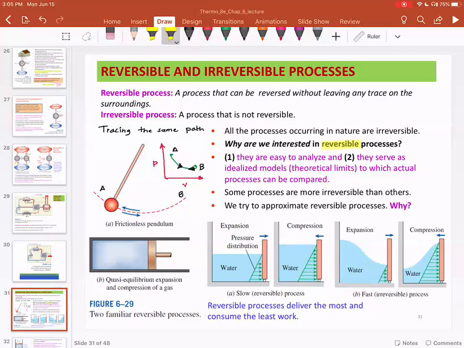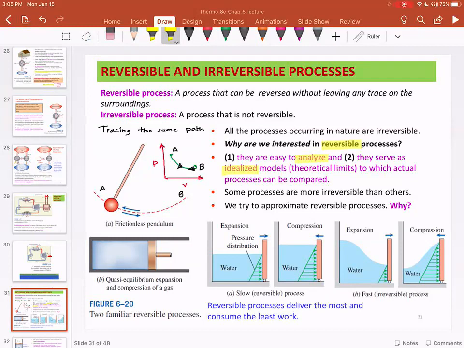So, why do we consider processes to be reversible? Because it's an easier approximation. They are easy to analyze. And these processes can be considered as the idealization of the actual process. Many times, extremely slow processes can be considered as reversible processes because the heat interaction is minimal.